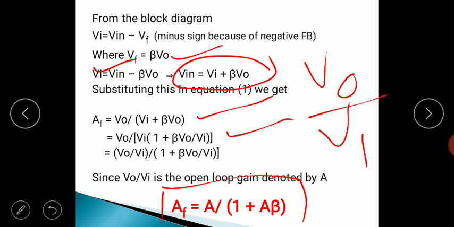The same expression which we derived for the general feedback amplifier, we are getting for the voltage series negative feedback amplifier. So the gain of a voltage series negative feedback amplifier, which uses an open loop amplifier with open loop gain A and feedback fraction beta, is given by AF equal to A divided by 1 plus A beta.